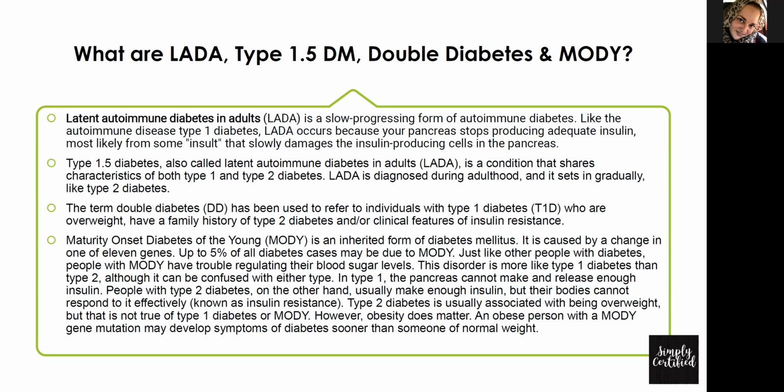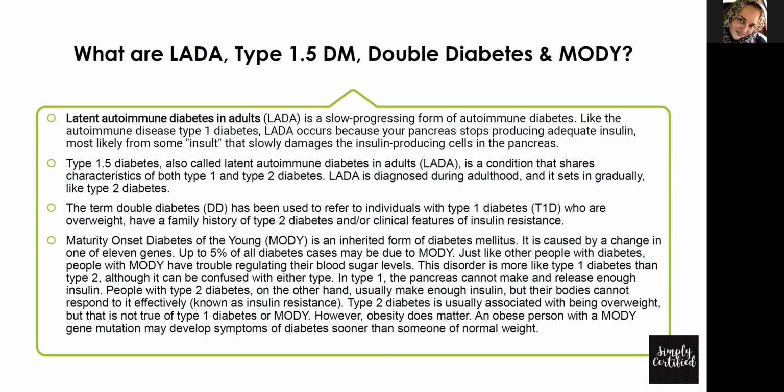So MODY is more like type 1 than it is type 2, but just like the other weird types, it can be confused with either one. In type 1, the pancreas, like I said, can't make and release enough insulin. And in type 2, people have insulin resistance. They usually make enough, sometimes too much, but their bodies can't use it effectively.